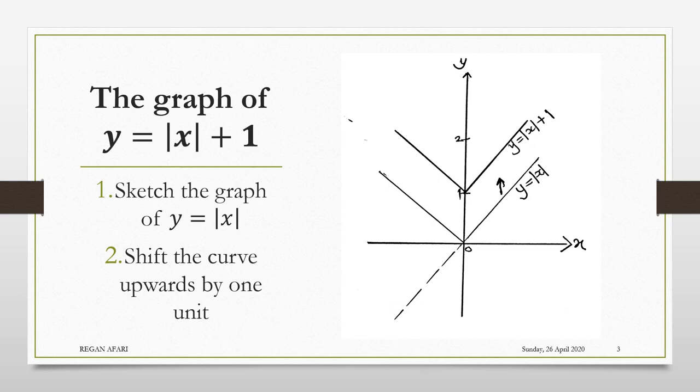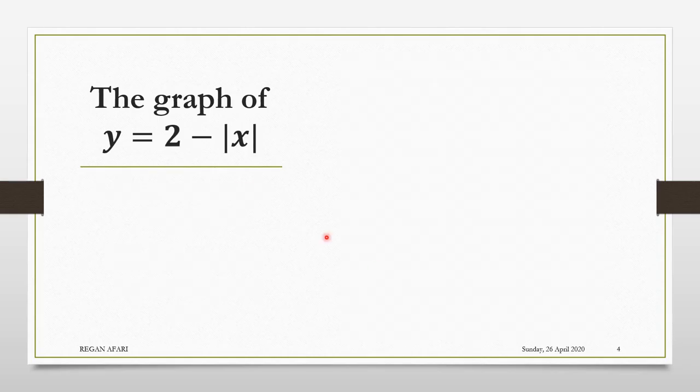Let's consider another curve. This is a bit different from what we've been doing. If you have a curve like this, it can be split into two parts: this 2, and then the negative absolute value of x.